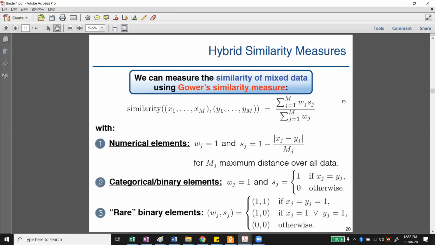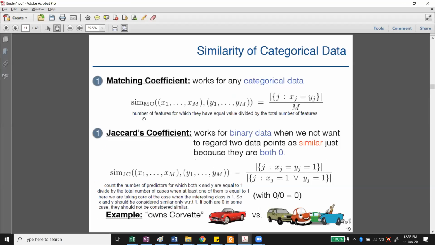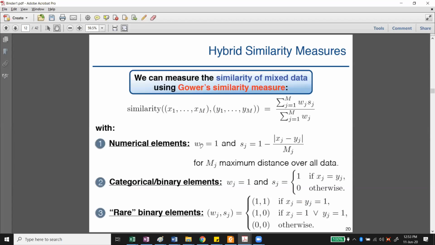Then in many cases आपके पास जो है दोनों measures होती हैं आपके पास. So you use this matching coefficient and Jaccard's coefficient when all of your data is either categorical or binary. In many cases, you have some sort of a mixed data जहाँ पे आपके पास दोनों numerical measures भी होती हैं और categorical variables होती हैं.